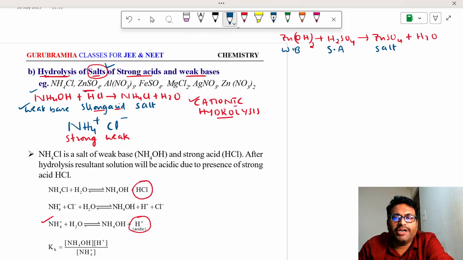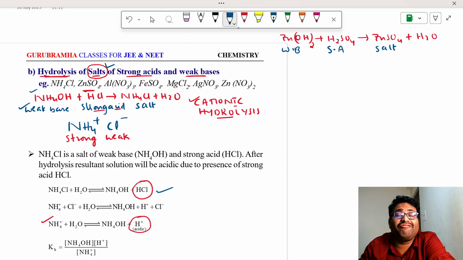Another way you can also remember this: among the acid and base, which is stronger? Acid is stronger. So the nature of the solution due to this hydrolysis is acidic. When the acid is stronger, the salt, when it undergoes hydrolysis, results in an acidic nature.